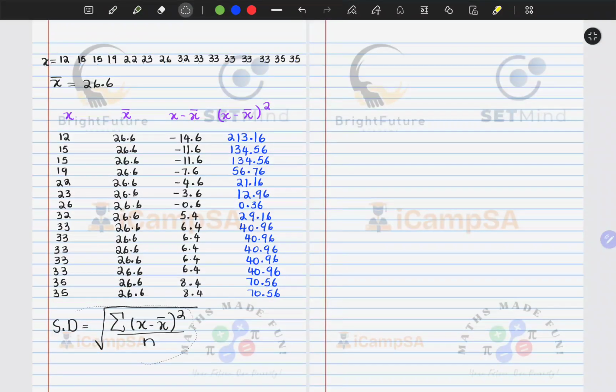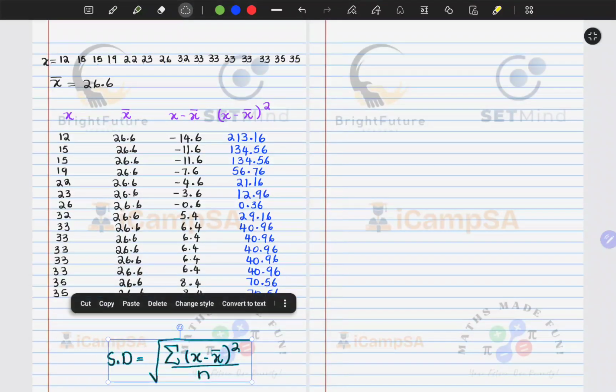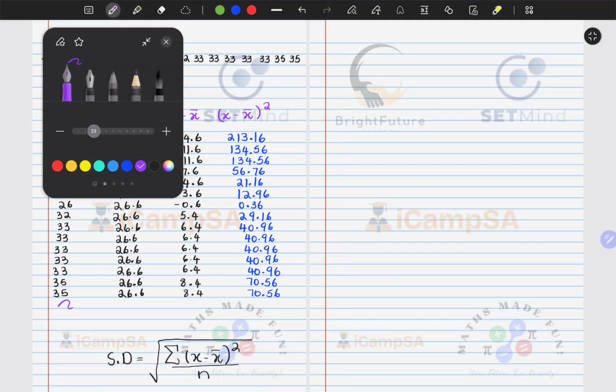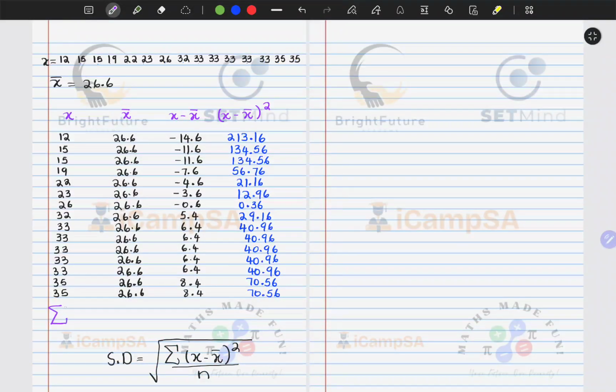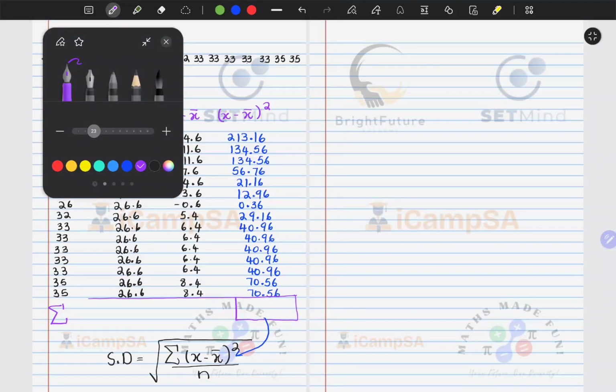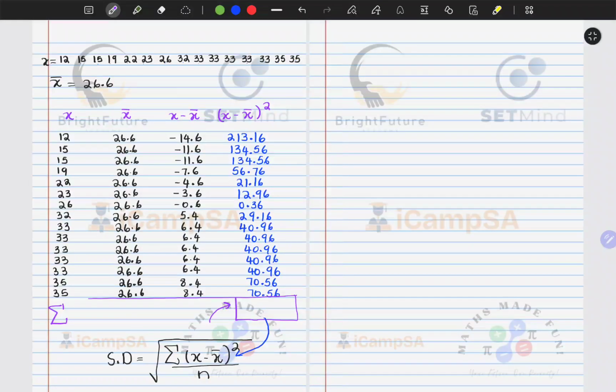So we can look for the sum by looking at these here. The sum that we get here is the sum of x minus x-bar, all squared.